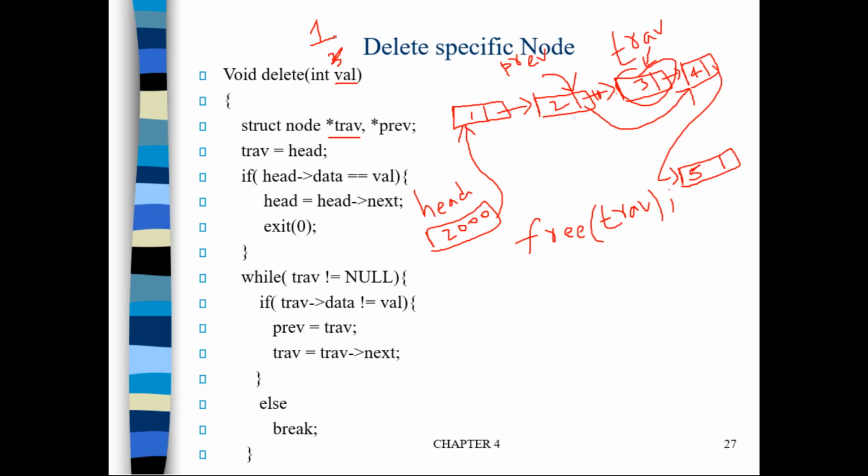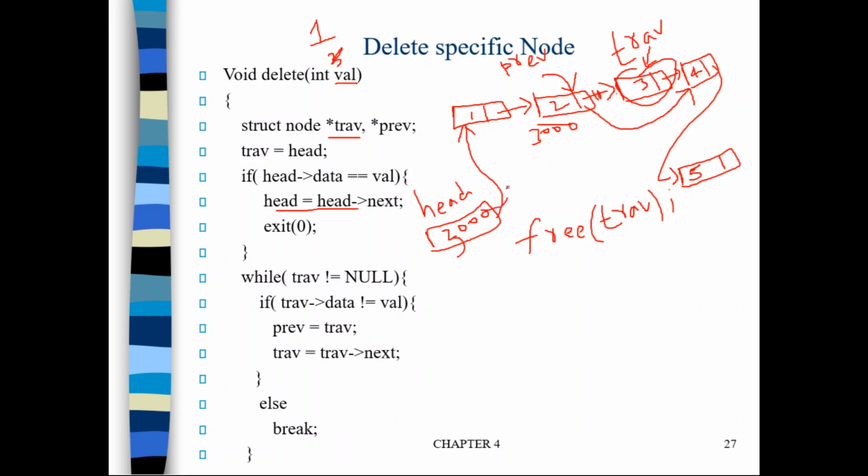The logic is you simply say head is equal to head arrow next, whereas head is currently pointing to the first node. What is head arrow next? The second node. Assume the second node's starting address is 3000. So head arrow next is 3000, and that will go into head.